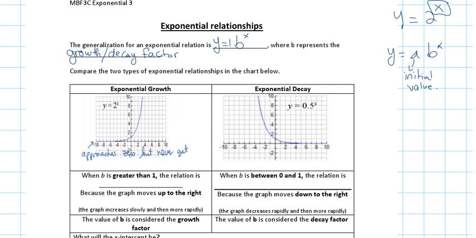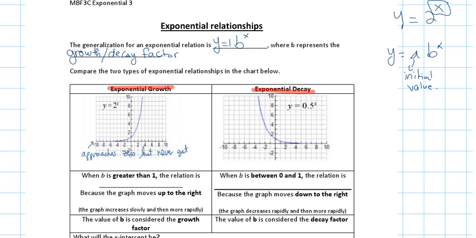Now the question is, when will I have an exponential growth and when will I have an exponential decay? It all depends on the value of the base b.